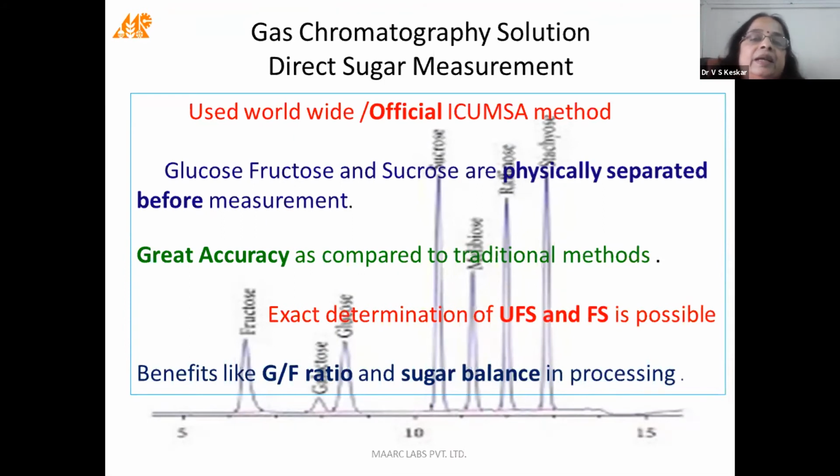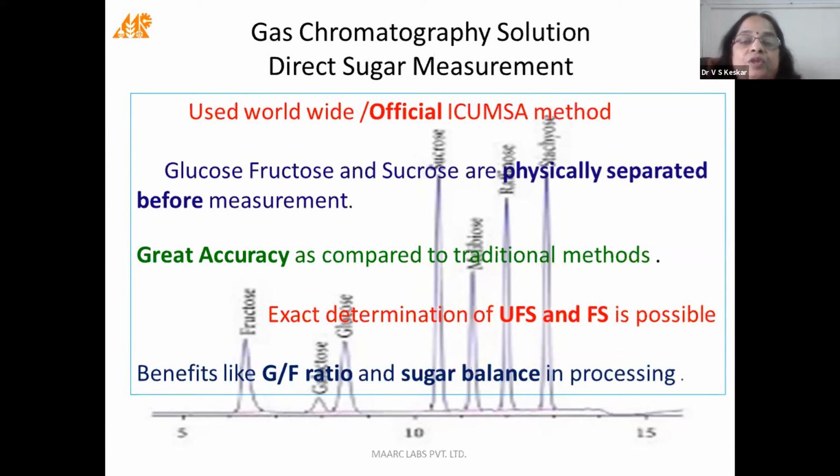But this is a direct method. The method is not new. It is used worldwide and it is an official ICUMSA method. This is not a new technique. Only the Indian sugar industry is not adopting such technologies.